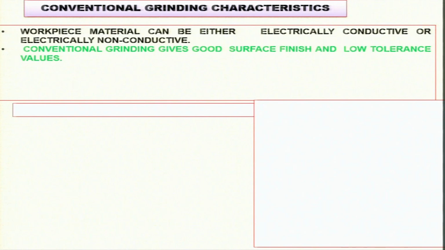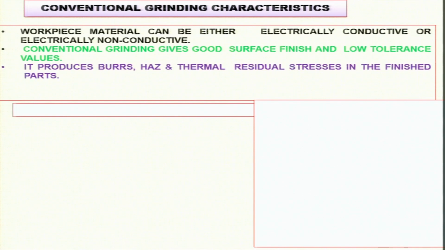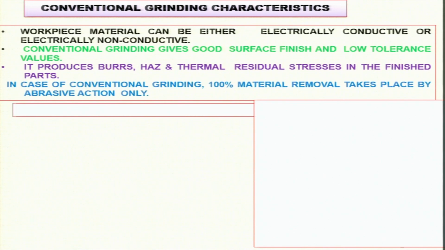Conventional grinding gives good surface finish and low tolerance values. It produces burrs, heat affected zone, and thermal residual stresses in the finished parts. In conventional grinding, 100% of material removal takes place by abrasive action only.